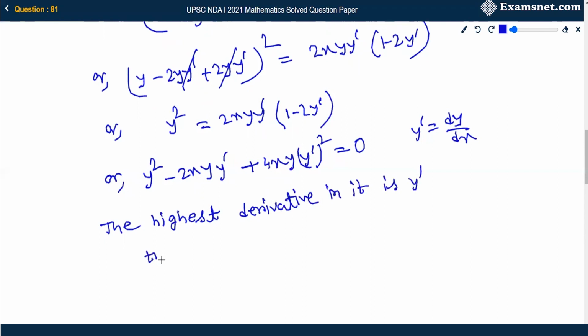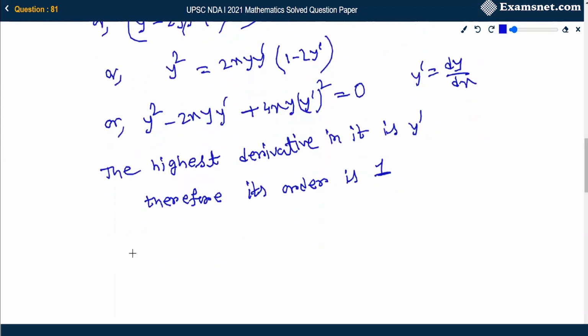Okay. Therefore its order is 1, since it is a first order derivative, right? And if we try to find the power, highest power of this derivative is 2, because we can see the highest exponent of y dash is 2, so its degree is 2. Though they haven't asked us, but still I'm writing it.